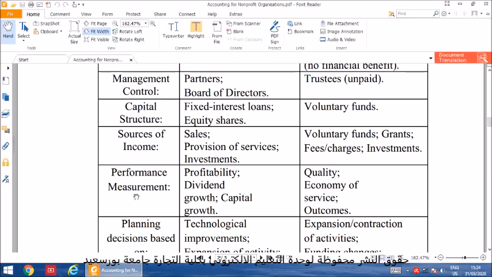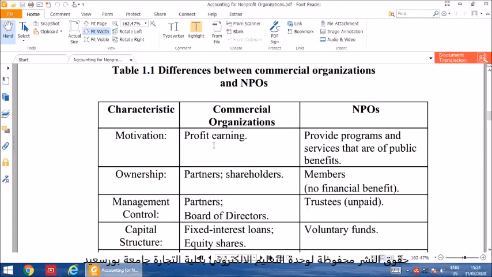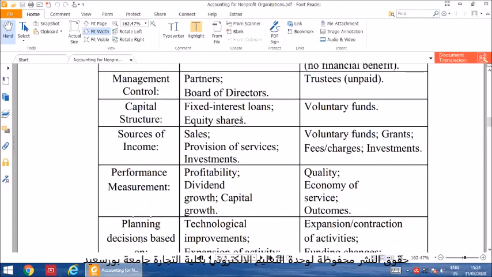Performance measurement. Under commercial organizations, profitability is one of the performance measures. Profitability, dividend growth, capital growth, all of these are measures used for performance measurement. Under non-profit organizations, quality, economy of service, outcomes.